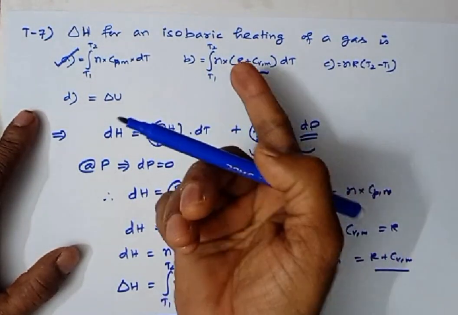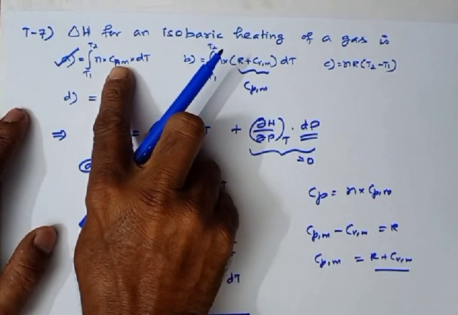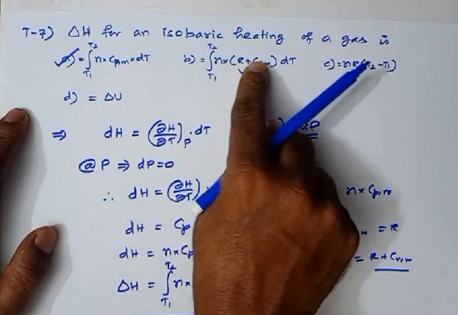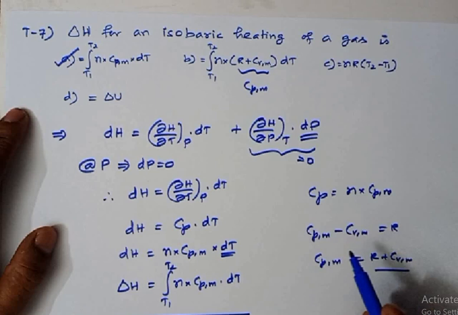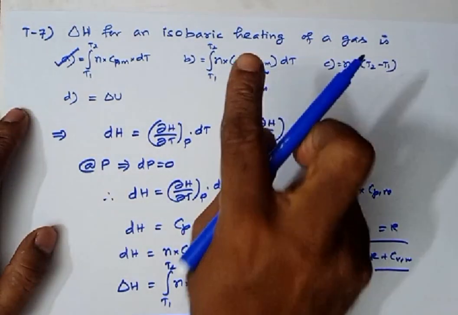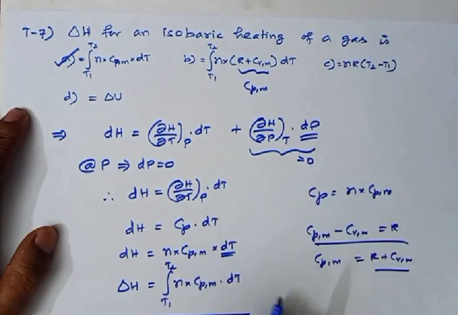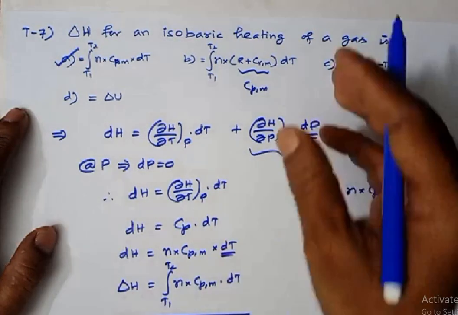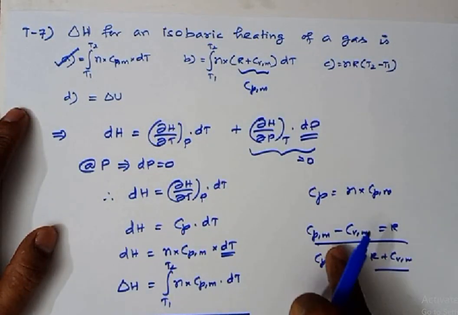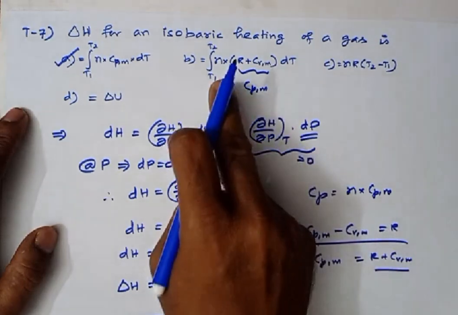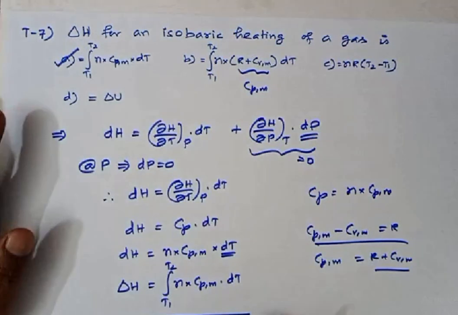You may think that this option is also correct. See, here Cpm is there. Instead of Cpm, it is given that R plus Cvm. Yes, but this is applicable only for ideal gas. If you use this formula, that is applicable for ideal gas. But here, they did not mention whether the gas is ideal or not. So you have to use the general equation, not this one. This is applicable only for ideal gas. Therefore, this option is not correct here. Take note. So the only option which is correct is option A.